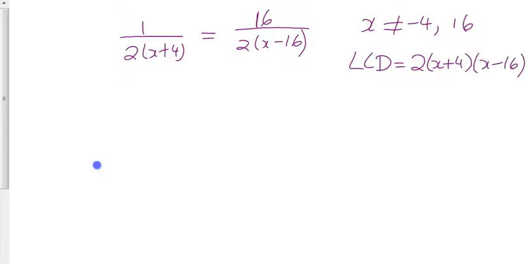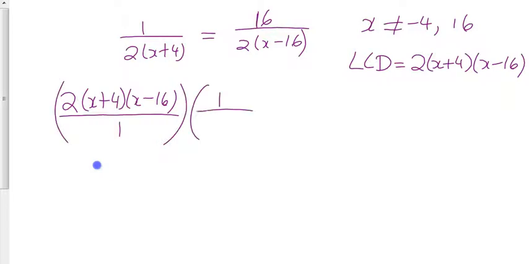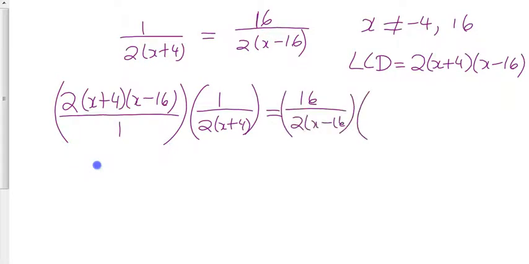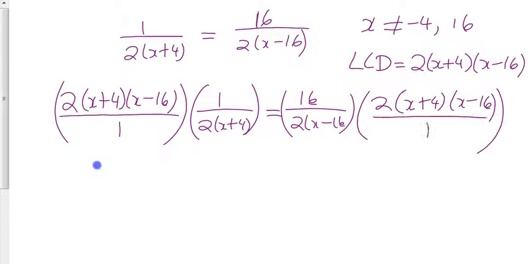Okay, I'm going to multiply every term by 2 times x plus 4 times x minus 16. I like to put it over 1 so it looks like a fraction. And I'm going to multiply that by 1 over 2 times x plus 4. I'm going to multiply 16 over 2 times x minus 16 by 2 times x plus 4 times x minus 16 over 1.